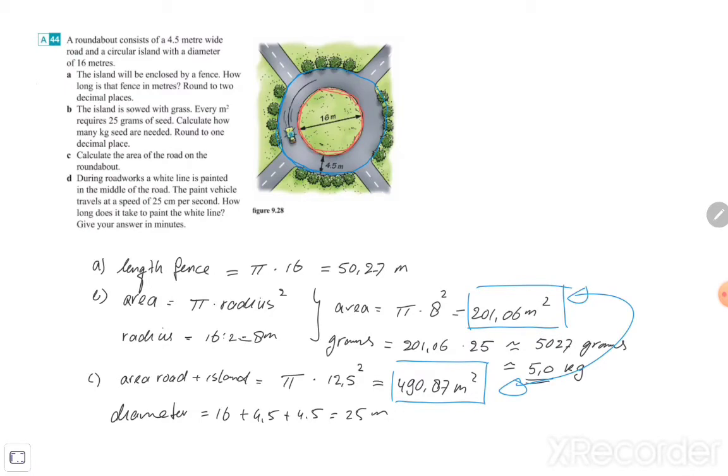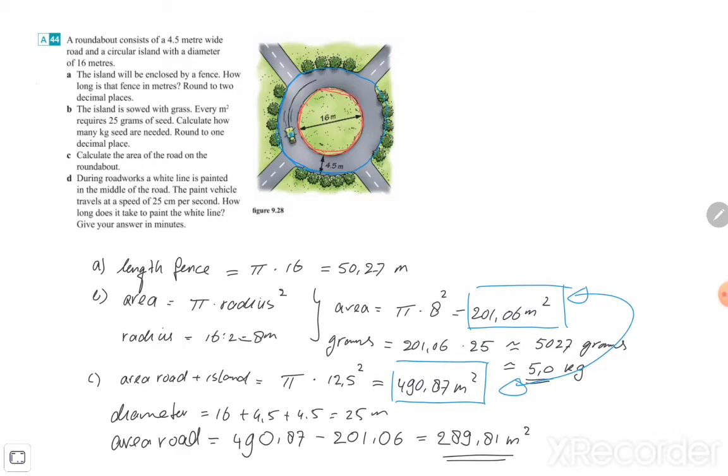So the area of the road is 3739,28 minus 2827,43, which is 911,85 square meters. So that's the answer for exercise C.